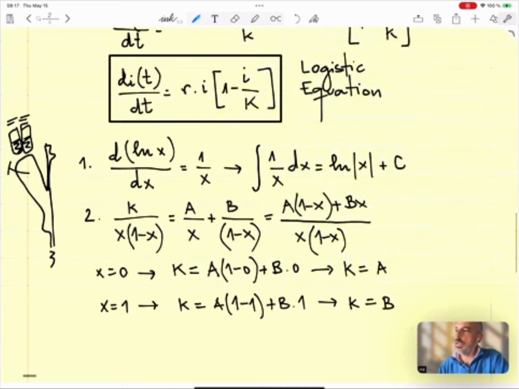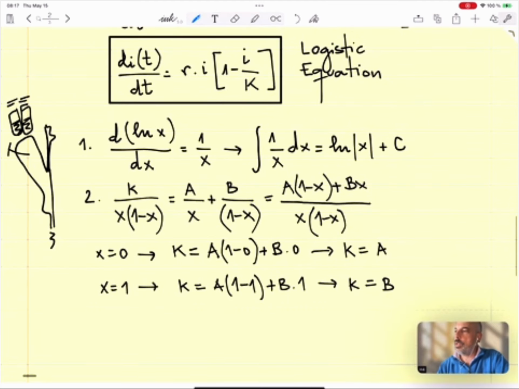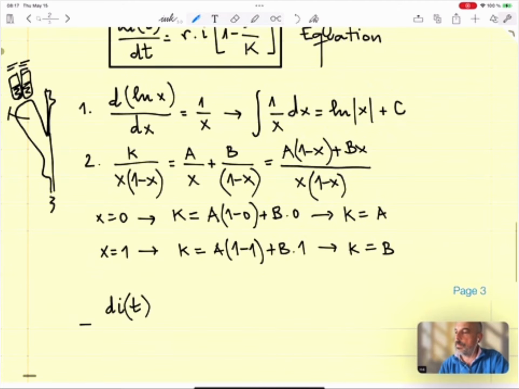So if we take our equation, the logistic equation above, we can write it this way: dI divided by I(1 minus I divided by k) equals r dt.